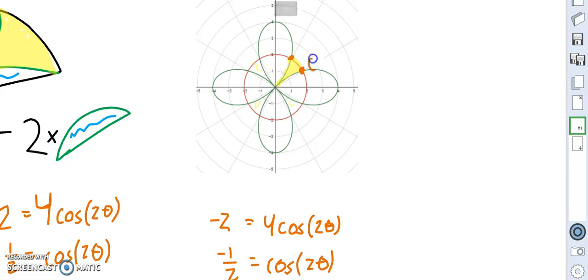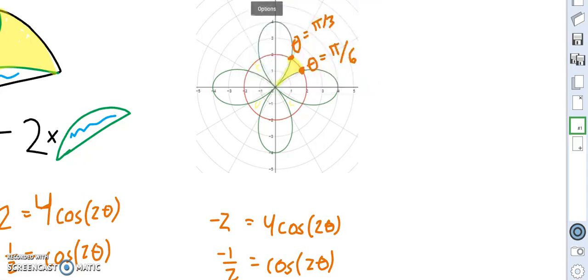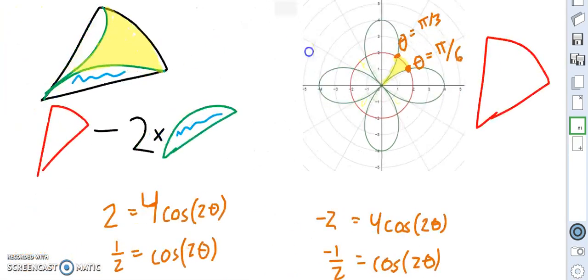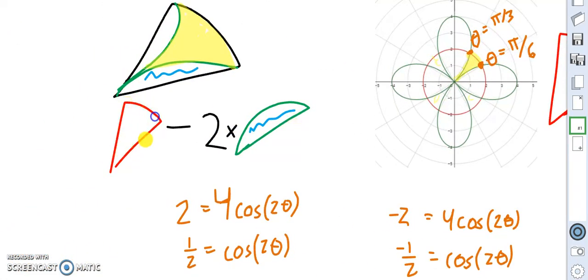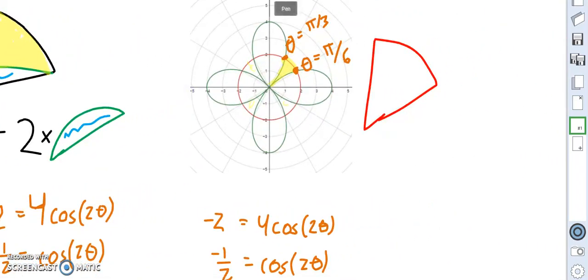That was really something. So this looks like theta equals pi over 6. This looks like theta equals pi over 3. And at this point, I'm ready to say that my big red sector, and by that I mean this, has an area of 1/2 integral from pi over 6 to pi over 3 of r squared, r in this case is 2.